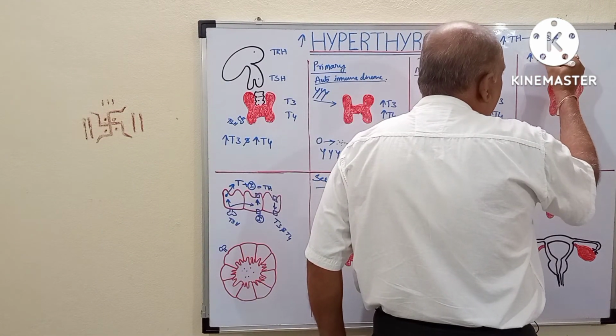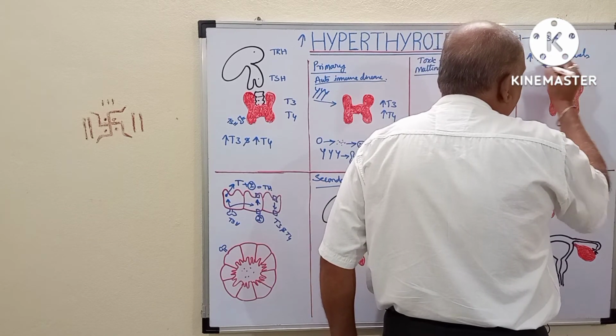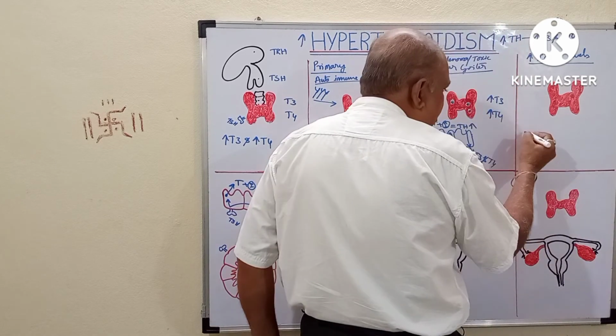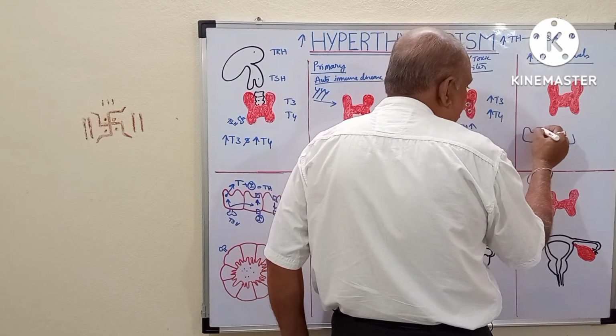Next is excessive iodine levels, where this is a follicular cell.